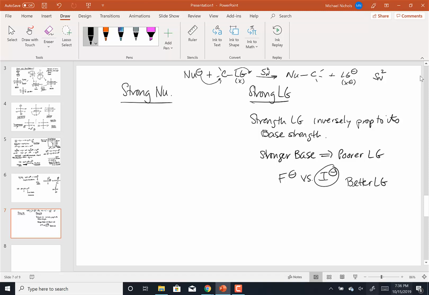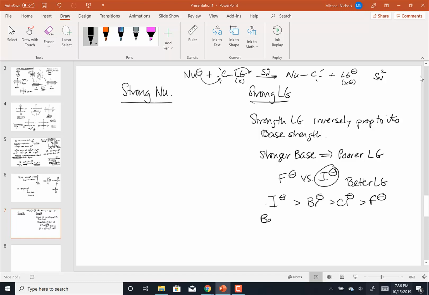Now, I'm only going to talk about the halogens for the moment in terms of leaving group ability. So if I wanted to create the whole table, I would reverse it. I would say I minus is a better leaving group than Br minus, which is a better leaving group than Cl minus, which is a better leaving group than F minus.